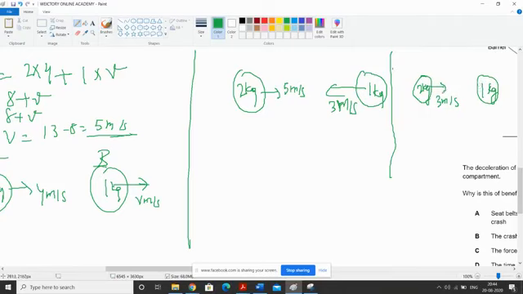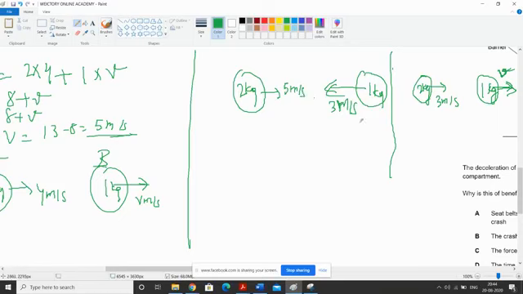Okay, so let's say 1 kg is moving to the right side, and if we are assuming it is moving right, if the v value comes negative, it means it is moving towards left. Because here we are taking right side as positive, so left side will be negative.